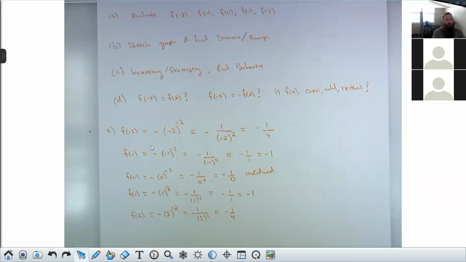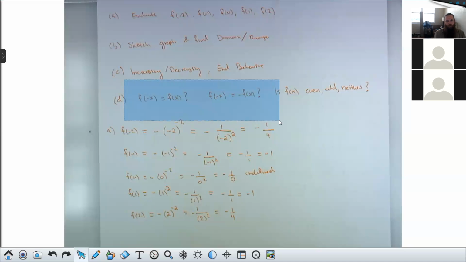So what do you notice here? F of -2 is -1/4. F of +2 is -1/4. F of -1 is -1. F of +1 is -1. So F of -2 is the same as F of 2. F of -1 is the same as F of 1.